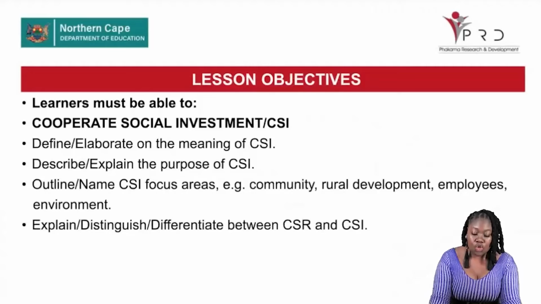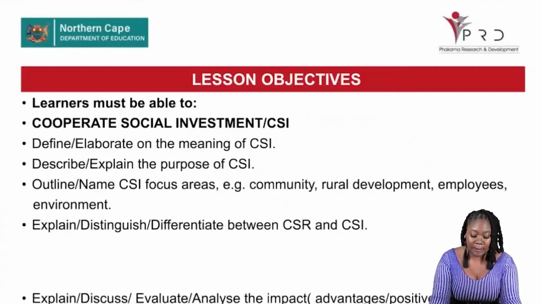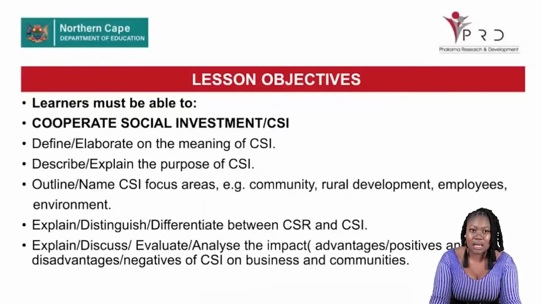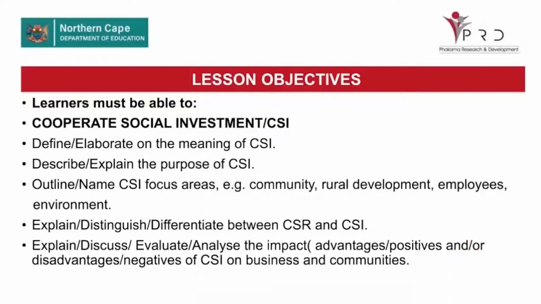Okay. And then you also need to be able to explain or distinguish or differentiate between CSR and CSI. You also need to be able to explain, discuss, or evaluate or analyze the impacts, which are obviously the advantages and disadvantages of CSI on businesses and communities.